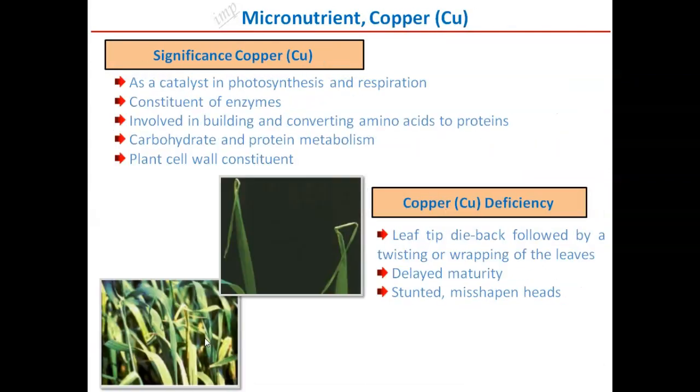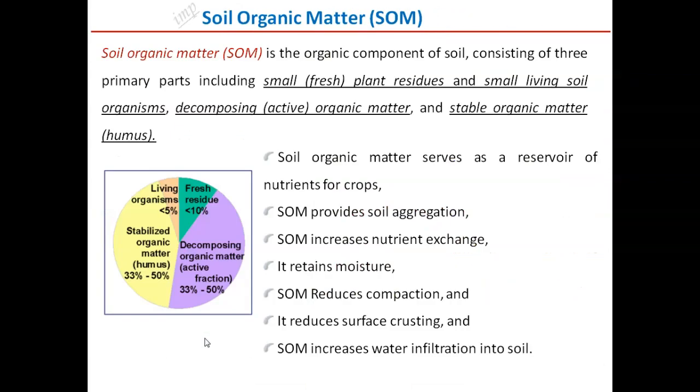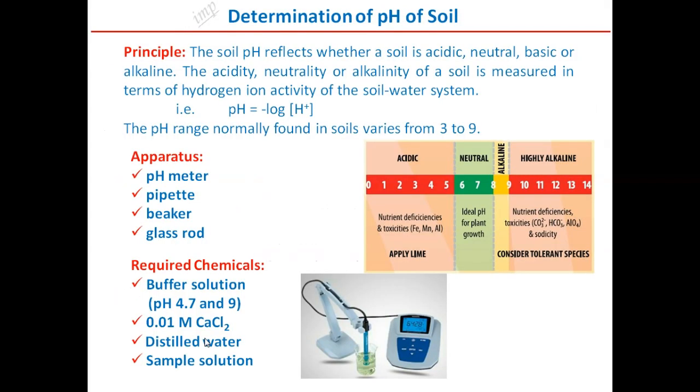Further, we discussed soil organic matter, that is SOM, and how it is important for the normal growth of plants or any crops. Now in this video we'll discuss how we determine the pH of the soil.